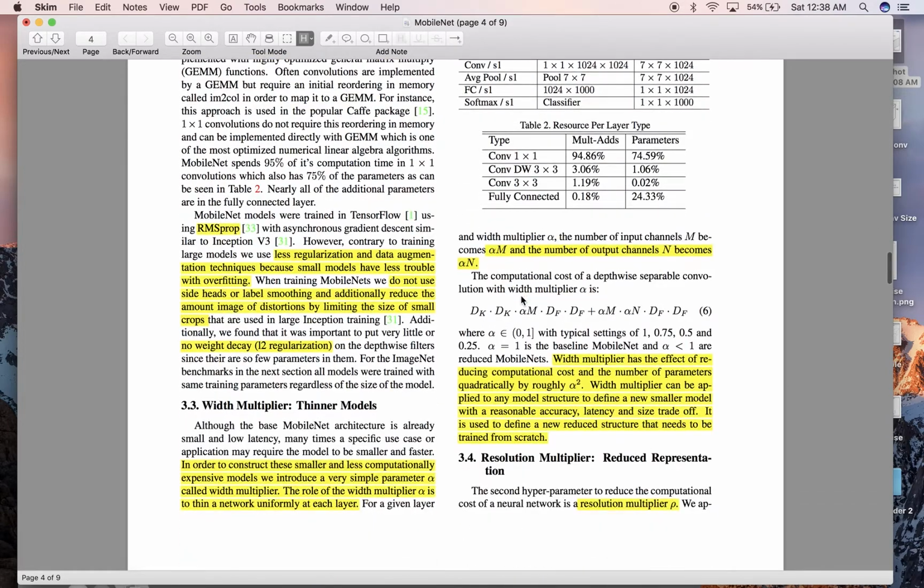Now, all right, so I spoke about the hyperparameters that he mentions initially, and this is the second method that he introduces to reduce the computation load of the model. And so basically what he does over here is that he multiplies the number of input channels M to become alpha M. So alpha is a number between 0 and 1.